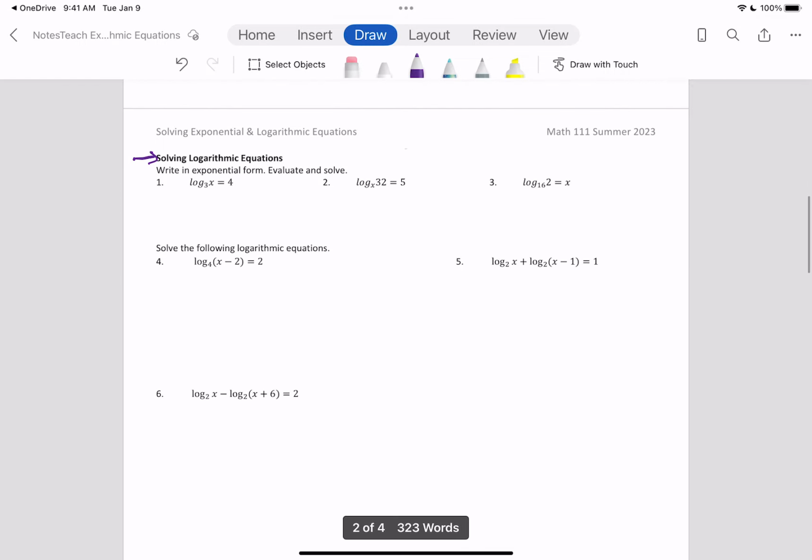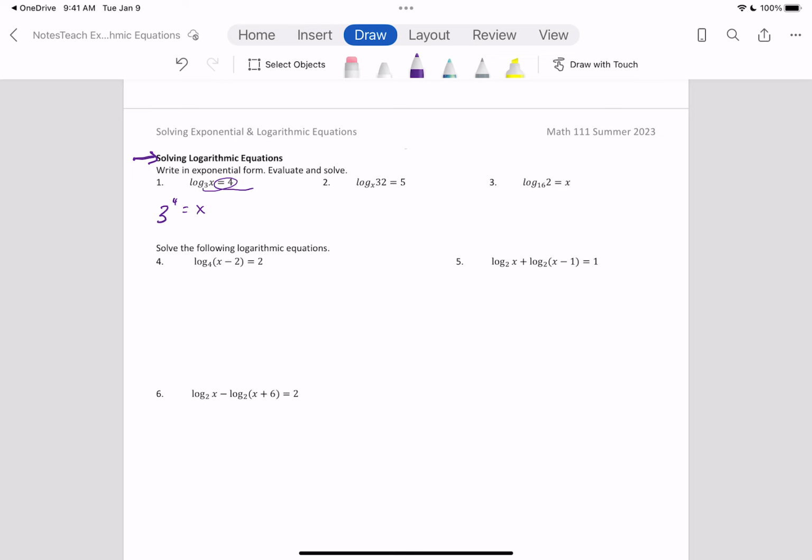And now that we have equations given in log, we're going to want to write them in exponential form. And this goes back to what we learned previously. If it's in log form and we want to write it as an exponential, you remember we can do our little E shape again, right? So this is base 3 raised to the power of 4 is equal to x.